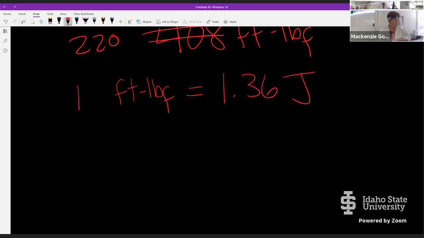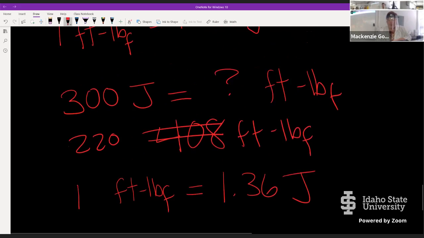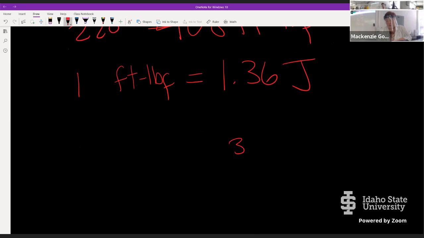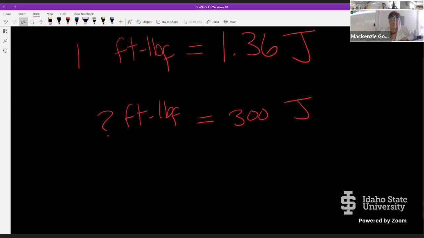But essentially, in this problem, I asked for 300 joules, which equals how many foot-pounds force. So I have 1 foot-pound force and our unknown, x, over 1.36 gives you 300.